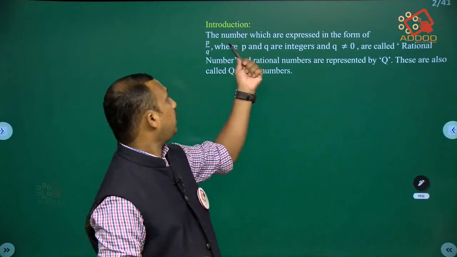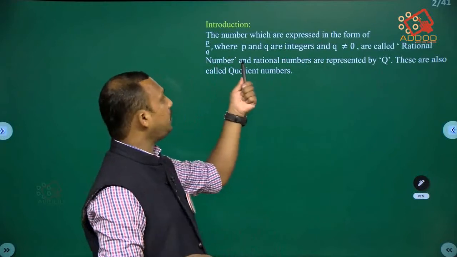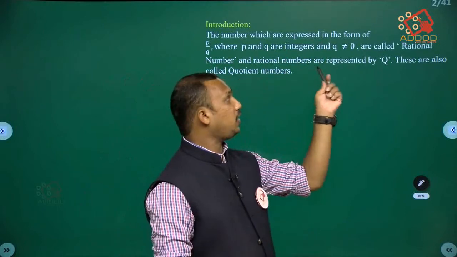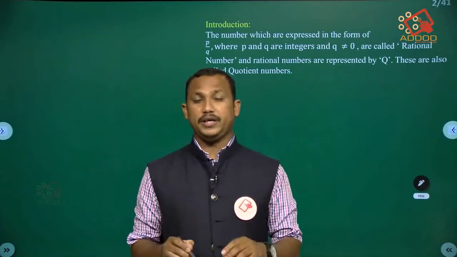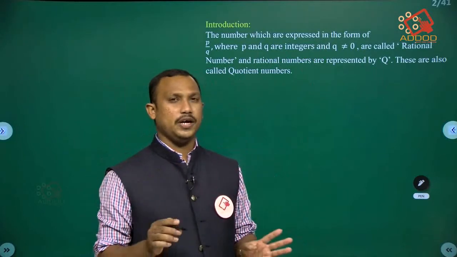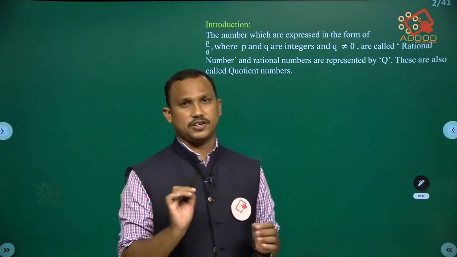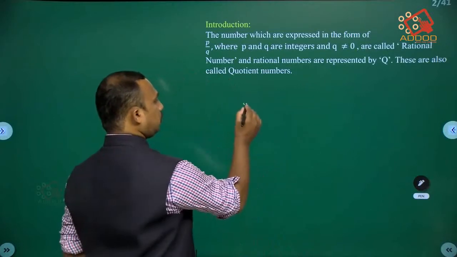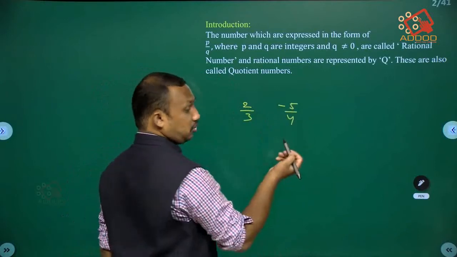See, the numbers which are expressed in the form of p by q, where p and q are integers and q is not equal to 0, I mean the denominator value should not be 0. It can be any other number like 20, 10, but a single 0 is not acceptable. For example, 2 by 3 is a rational number. Minus 5 by 4 is also a rational number.